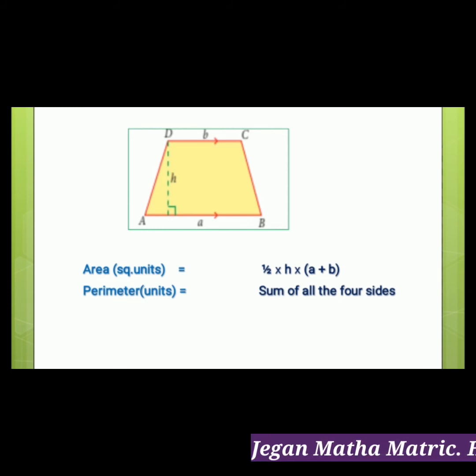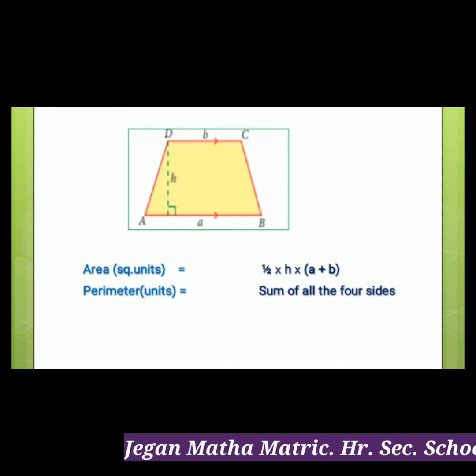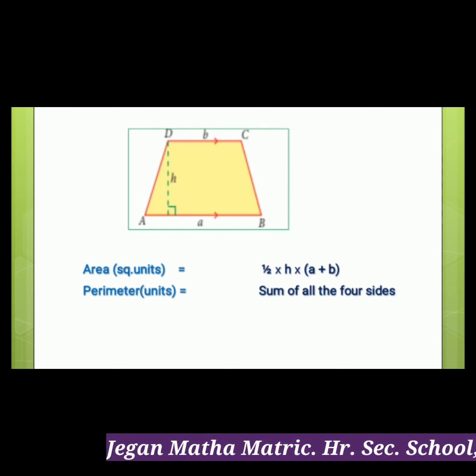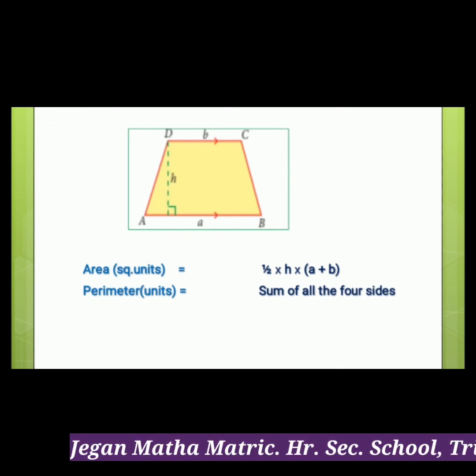So area of the trapezium is equal to 1 by 2 multiplied by height multiplied by a plus b square units. Then perimeter of the trapezium is equal to sum of all the four sides, that is AB plus BC plus CD plus DA units.